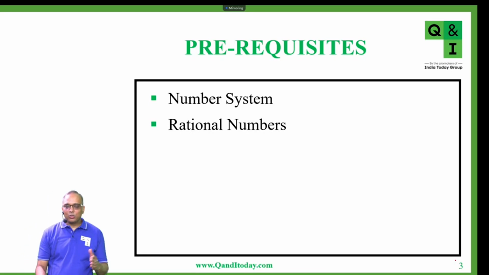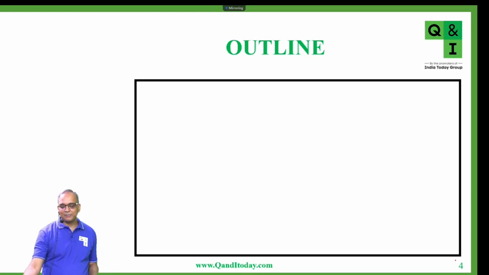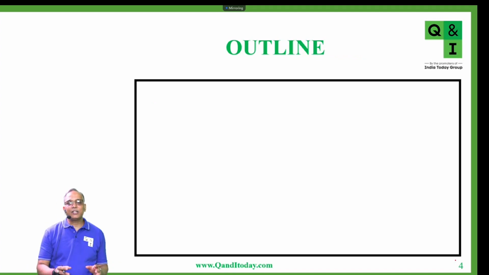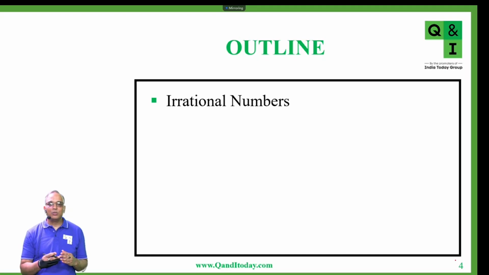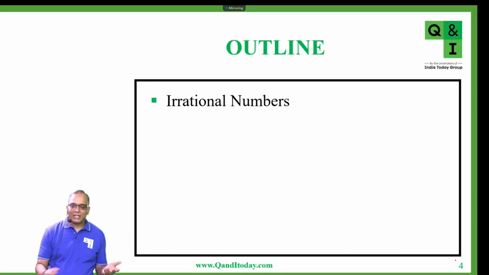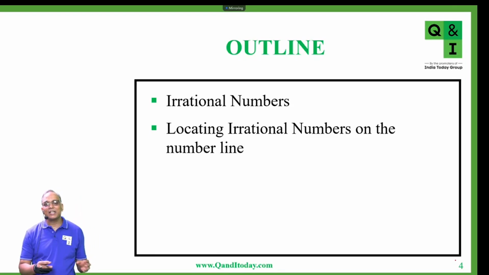Now, we also learned about rational numbers. What are rational numbers? We also saw what are irrational numbers. What we are going to do today in the class is delve deeper into irrational numbers, and learn how to locate irrational numbers on the number line.